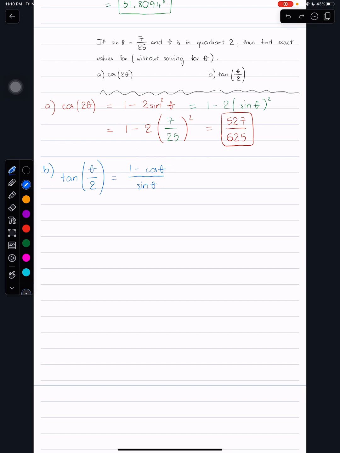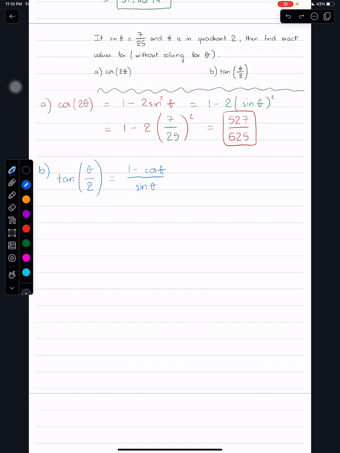We know the sine of theta from the beginning of the problem equals 7 over 25, right? So that is helpful. How's that helpful? Well, first of all, let's draw a right triangle, any form of right triangle that you want to.